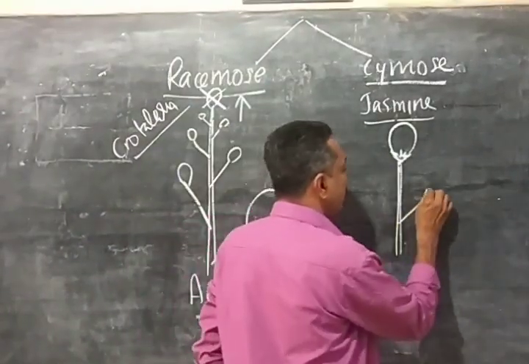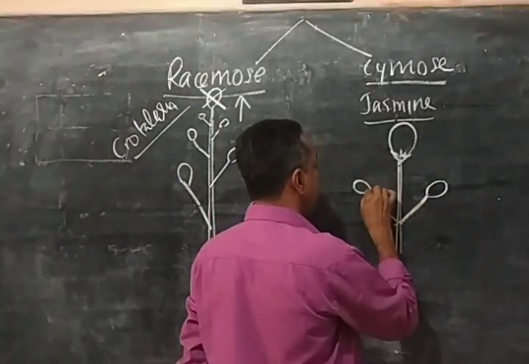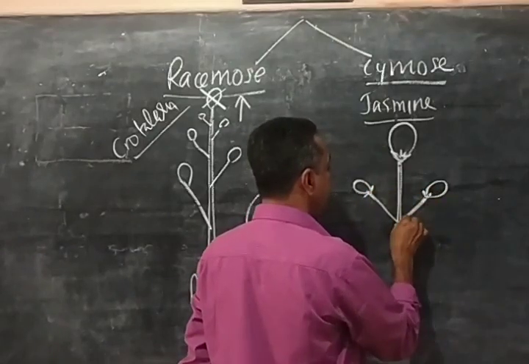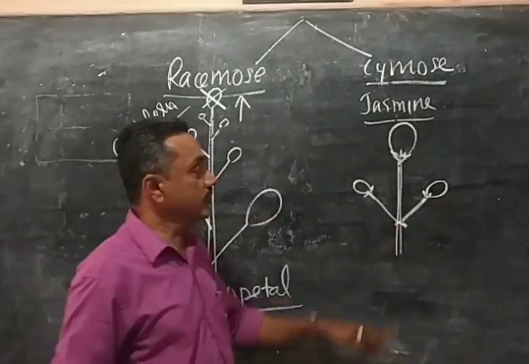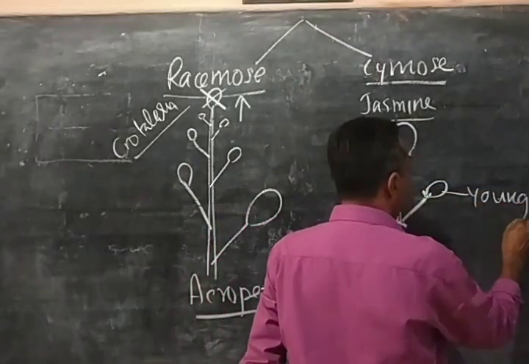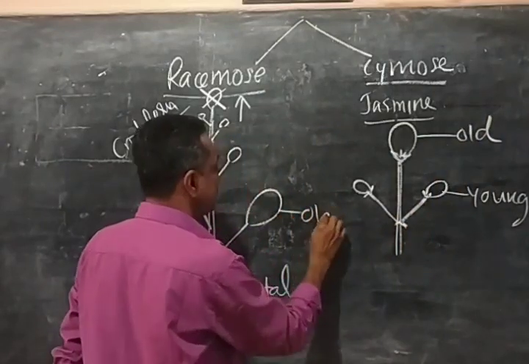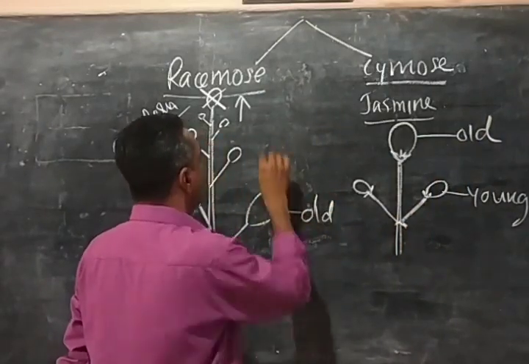Then the arrangement of flowers is basipetal. This is called basipetal. Basipetal means younger flowers are seen at the base and older flowers are seen at the top.